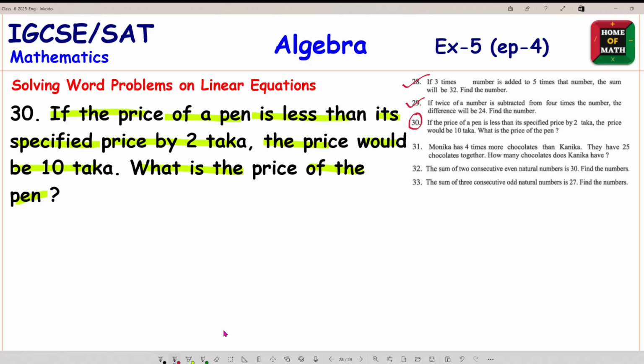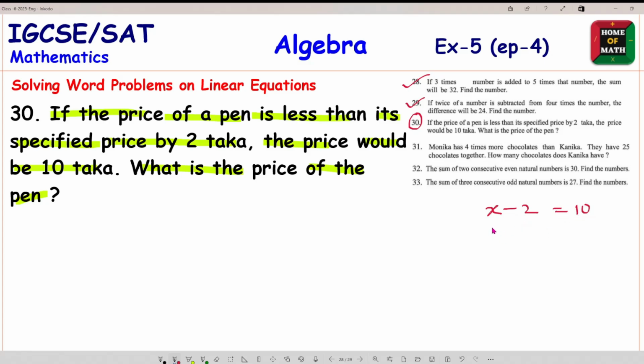Look, here it is mentioned, suppose now the pen price is X, okay, but if you subtract 2 taka from this price, it means X minus 2, it will become 10.